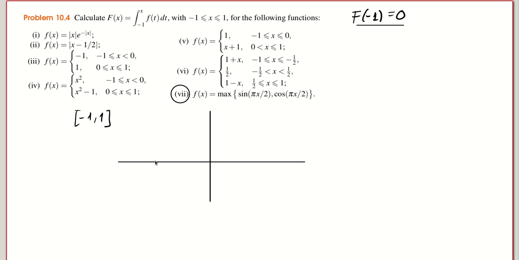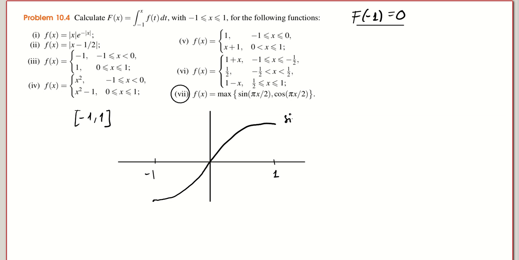All right, so here's minus 1 and this is 1. At minus 1, the argument of the sine is minus pi half, so the value of the function is minus 1. Let's put it here. At 1, this is pi half, so it's 1, so it goes like this, right?